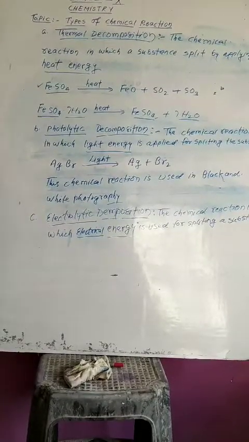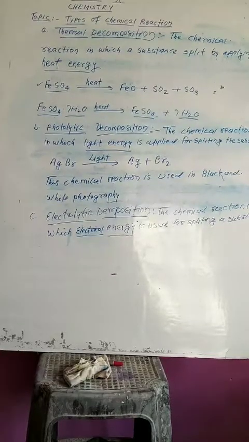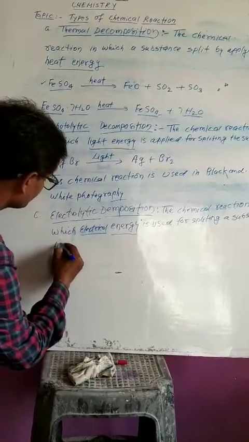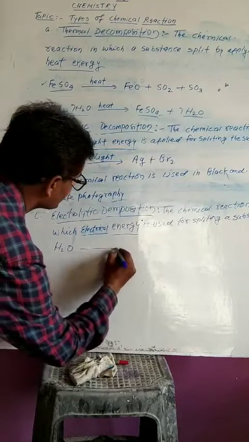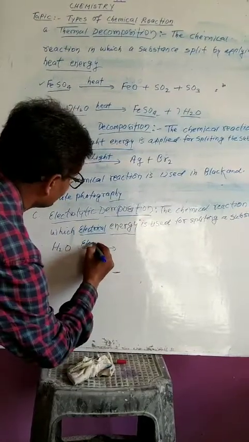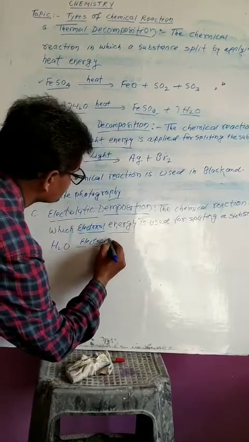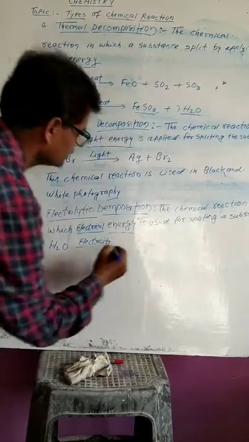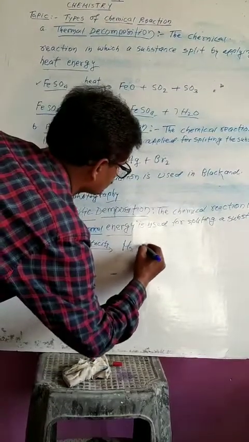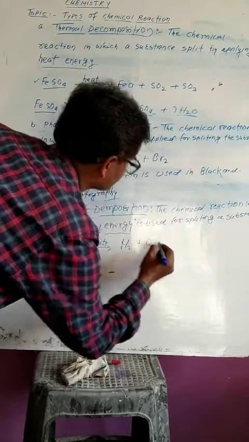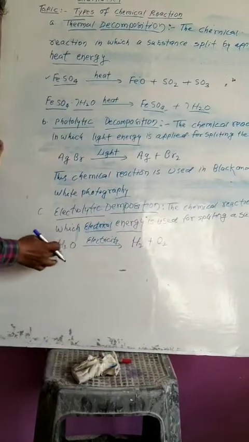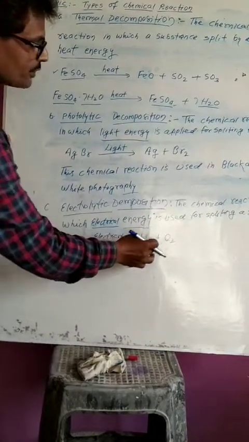Now we may take an example of this. Water, H2O, electric current is applied to split it into hydrogen and oxygen. Here water splits into hydrogen and oxygen on applying electrical energy.